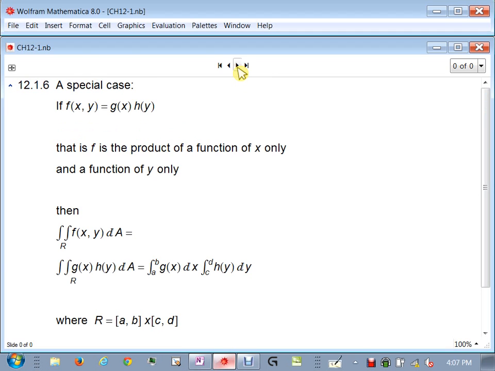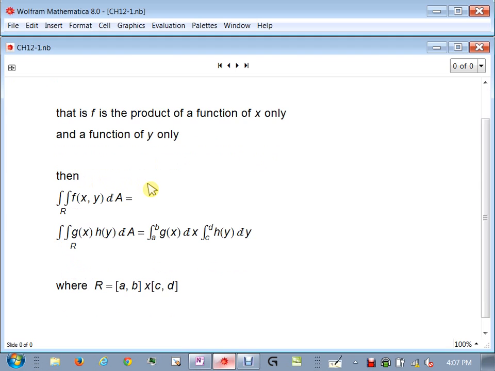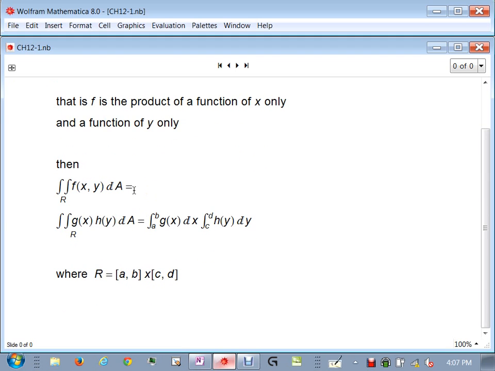All right, a very special case with double integrals. If f of x, y equals g of x times h of y, that is, the function f that we're looking at is the product of a function of x only and a function of y only, then we have the following result. The double integral over the rectangle can be split up into two regular Cal 2 integrals.